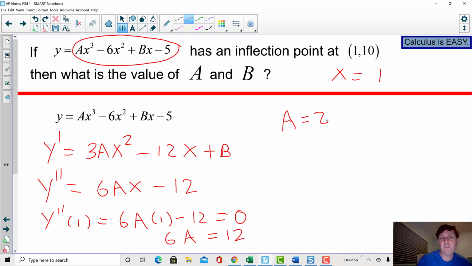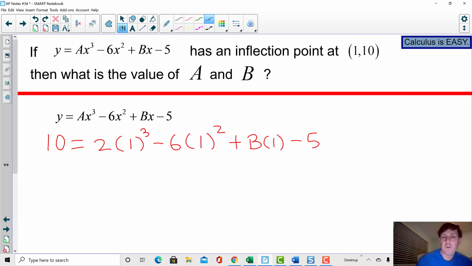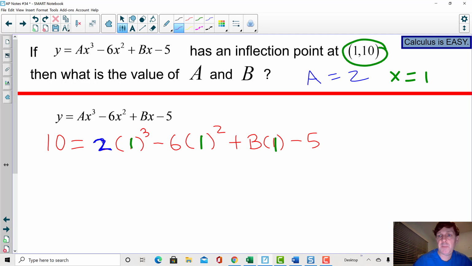Now if we know that a is equal to 2, we can find b if we plug in a equals 2 and we plug in our point into the original function. So let's do that. Remember, I'm plugging in a equals 2, so that goes right here. I'm also plugging in x equals 1 from this point, and I'm plugging in y equals 10.